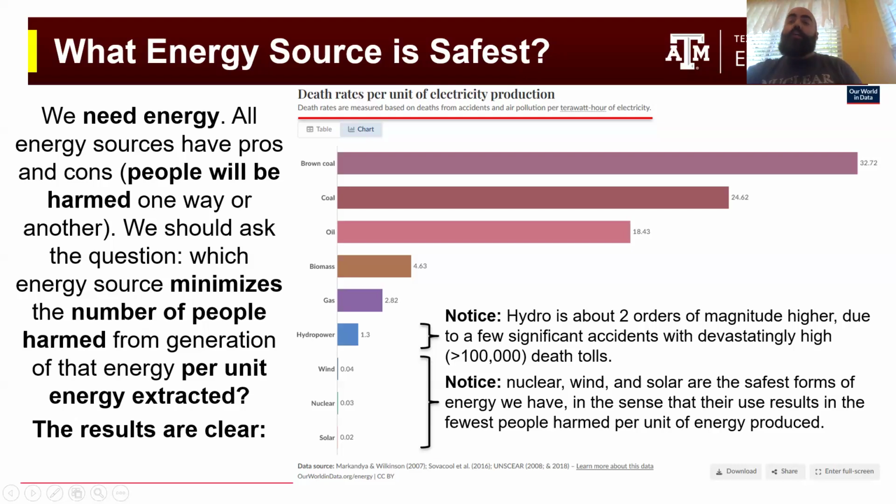So this number for hydropower is skewed by some of those very severe accidents.